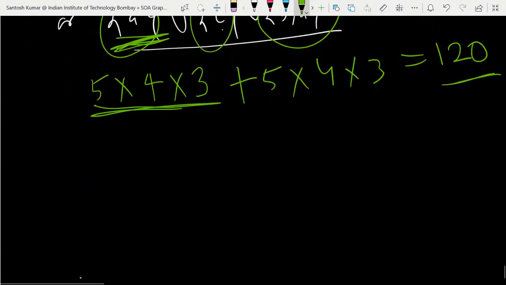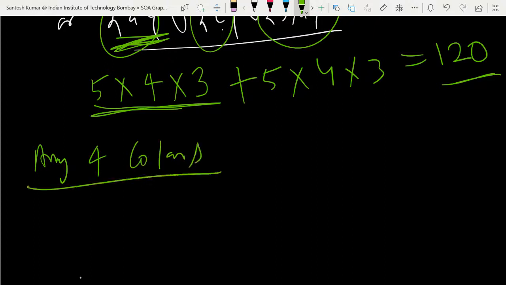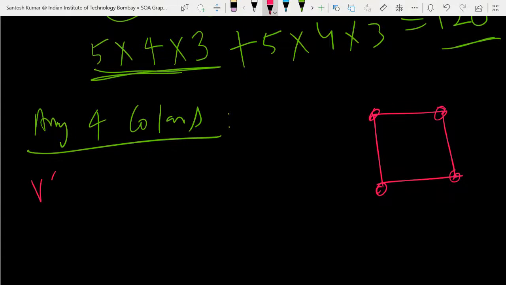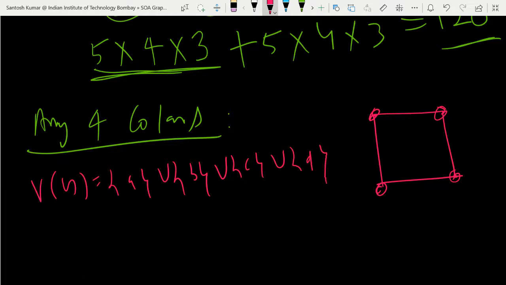Now I want to use any 4 colors out of 5. How can I do that? We have only 4 vertices, so we can partition the vertex set into 4 different sets: A, B, C, and D. There are 4 independent sets, and I want to give them different colors.